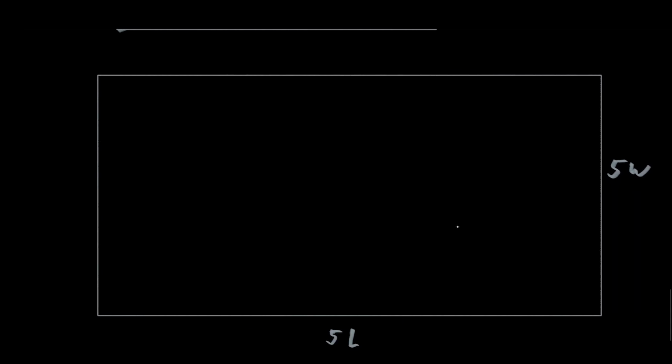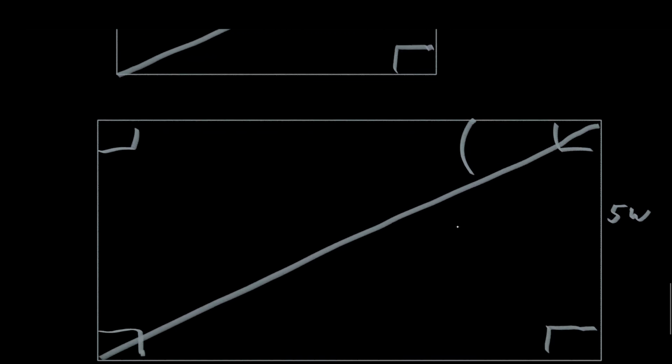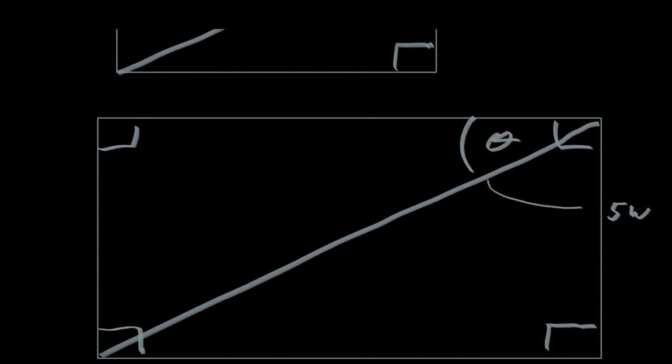Notice that the size of the angles wouldn't change. These interior angles would all still be 90. If we drew a line from corner to corner, this angle here would still be, did I call this one theta or phi? Yeah, this one would still be theta. This one here would still be whatever phi happened to be.